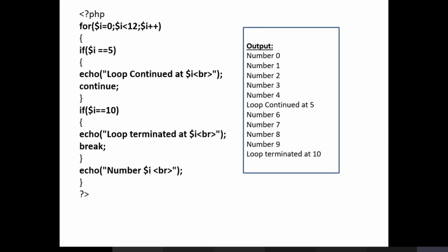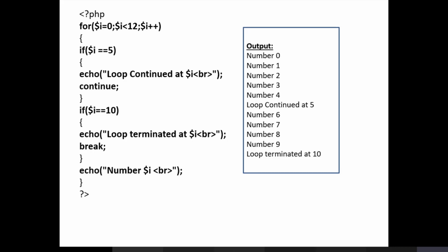Very, very important. And this is applied in loops. So let's check out how it is applied. For i equals 0, i less than 12, i plus plus: if i equals 5, then continue. And if i equals 10, then break. We are displaying the numbers. In the output you can check the numbers 0, 1, 2, 3, 4.